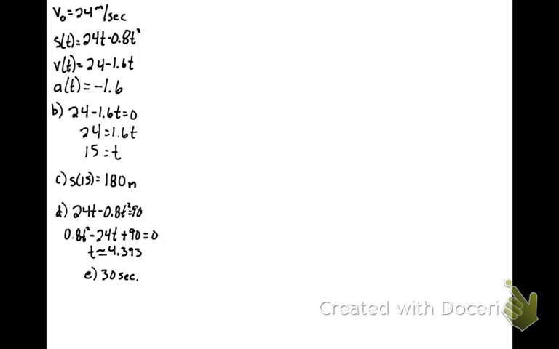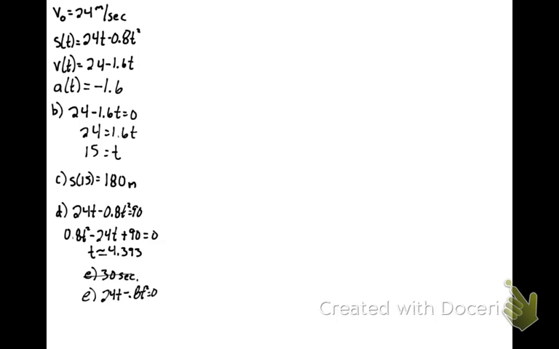Well, that doesn't even make sense. Let's strike that. Let me erase that. That can't be true. That initial velocity changes some things. So we want to know, when does it hit the ground? So again, for E, we want to know when 24t minus 0.8t squared equals 0.